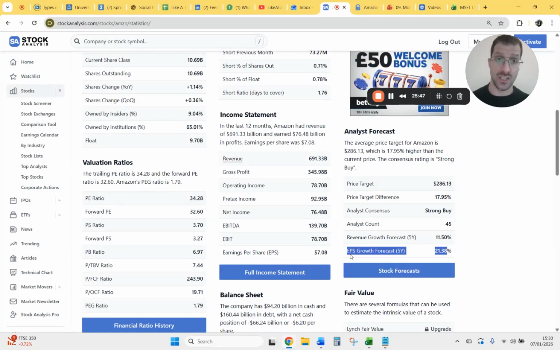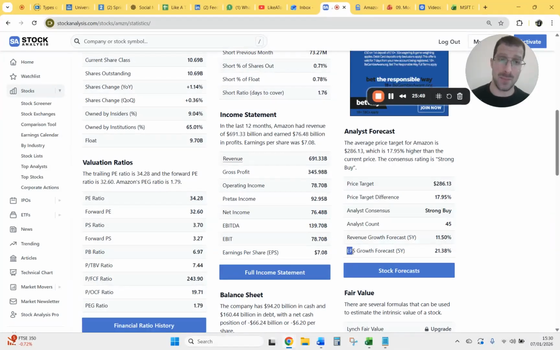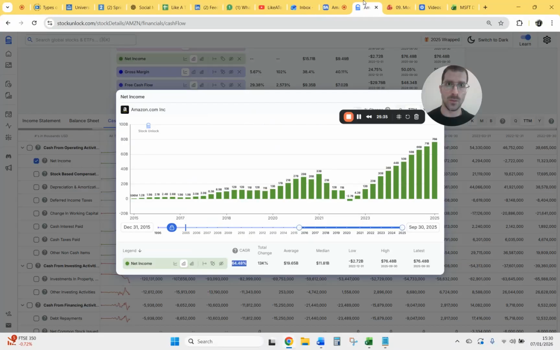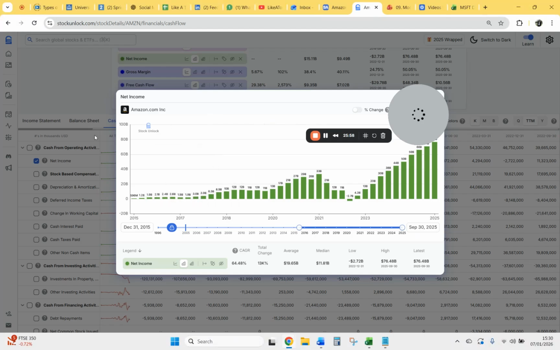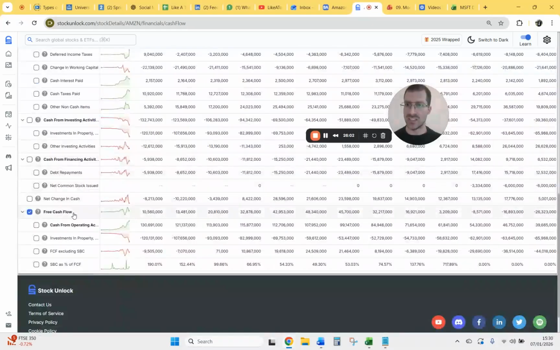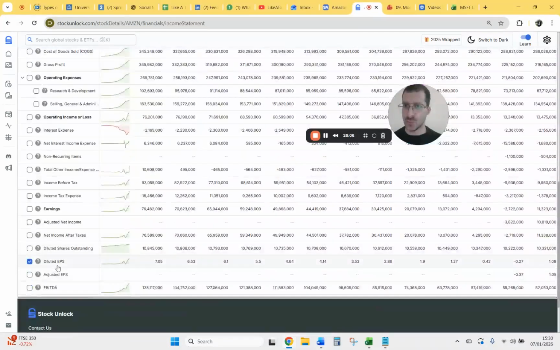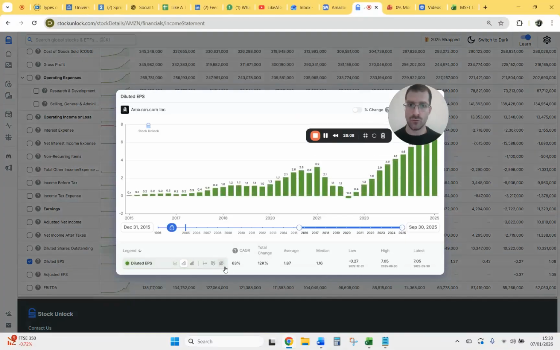The earnings per share includes buybacks, so it doesn't really tell you about net income, but what happens over time is that, look at that. While net income has grown at about 64%, you can see that earnings per share diluted have grown at about 63%, pretty much in line.